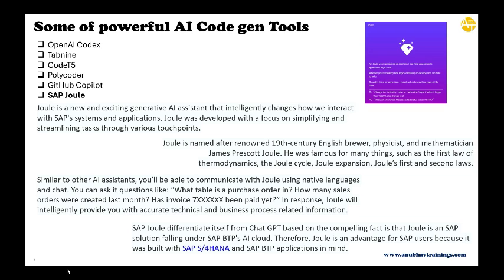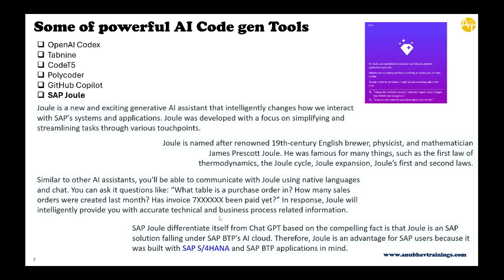SAP Joule differentiates itself from other AI models like ChatGPT based on the compelling fact that Joule is an SAP solution falling under SAP BTP's AI cloud. Therefore, Joule is an advantage for SAP users and developers because it was built on top of S/4HANA and BTP applications in mind.